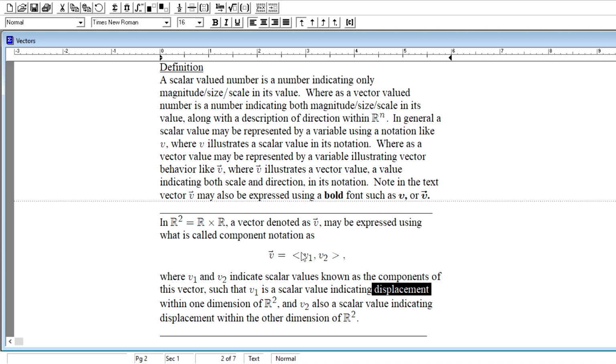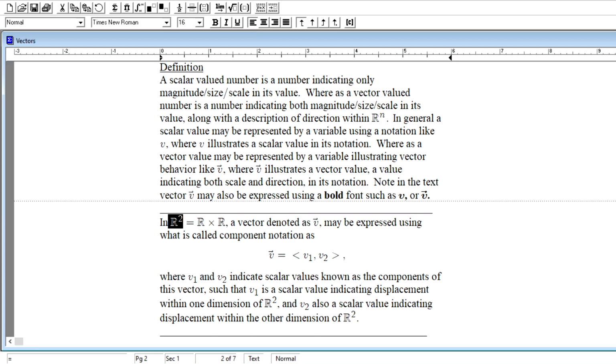They are describing a distance and a direction traveled from one location in our R2 space to another location in our R2 space. They do represent displacement that happens in the x direction and the y direction if our R2 space is described in terms of x and y.